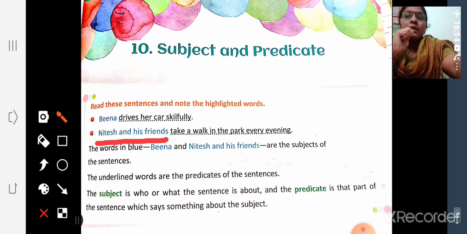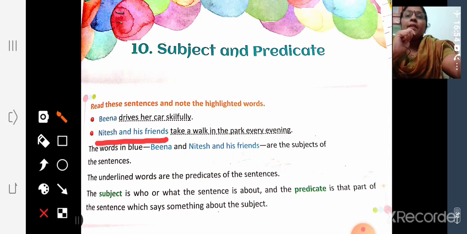Whereas the words underlined, drives her car skillfully and take a walk in the park every evening, are the predicates of the sentences.